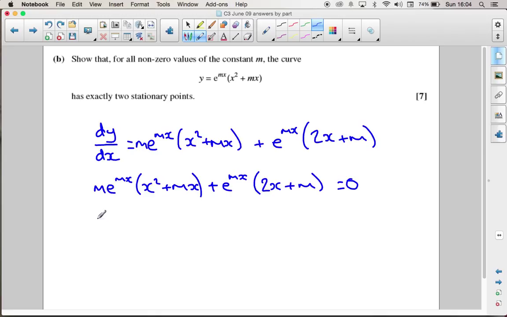And if we expand the brackets, we'll get mx squared e to the mx plus m squared x e to the mx plus 2x e to the mx plus m e to the mx.